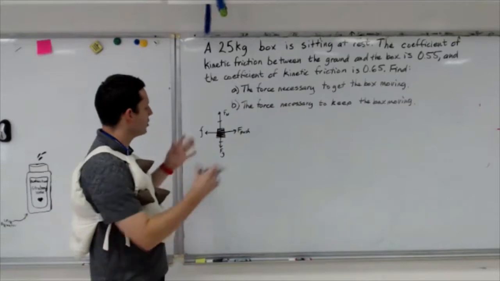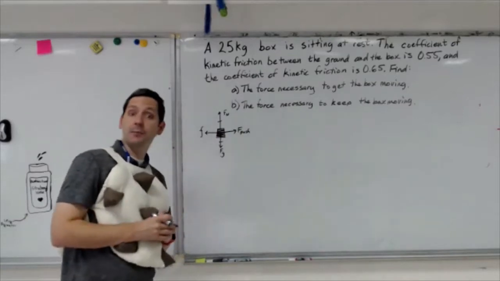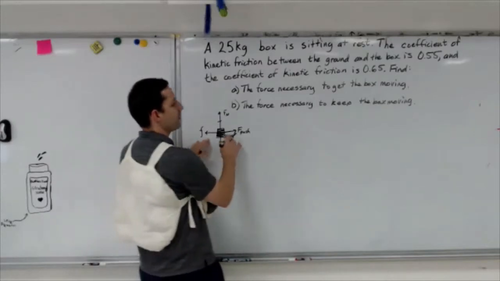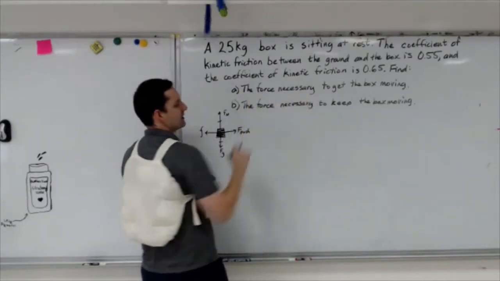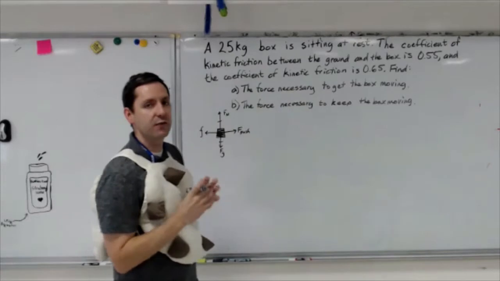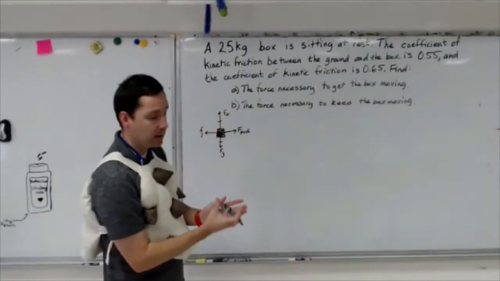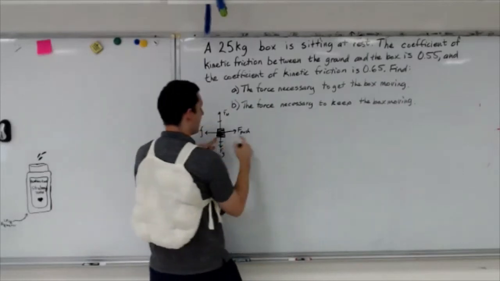All right. Now, you may say, well, I can already write a couple of equations. I can do a horizontal equation. Remember, for the first situation, it's necessary to get it moving, so we're going to look at how much force friction can give where it stays at rest. So this first situation is staying at rest.